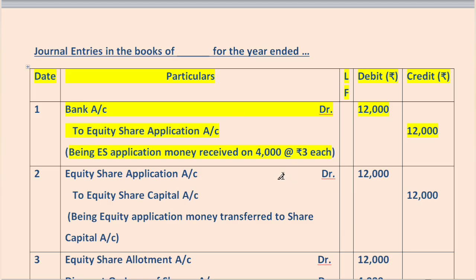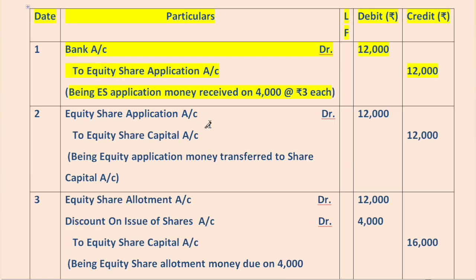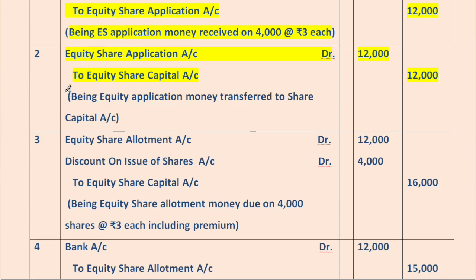Next, it transfers to equity share capital: equity share application account debit to equity share capital account. Whatever collected, the entire amount is transferred, 12,000. Being equity share application money transferred to equity share capital account.